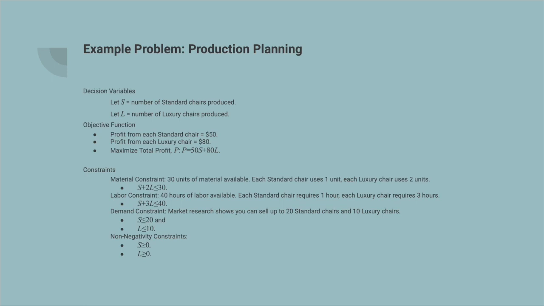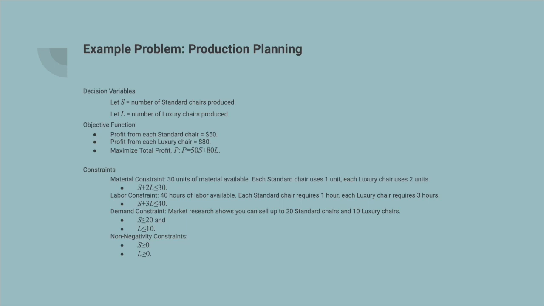However, there are some constraints, so we can't just produce luxury chairs. The first constraint is the material constraint. So we have only 30 units of material available, and each standard chair uses 1 unit, and each luxury chair uses 2 units. So this becomes an inequality where S plus 2L should be less than or equal to 30.